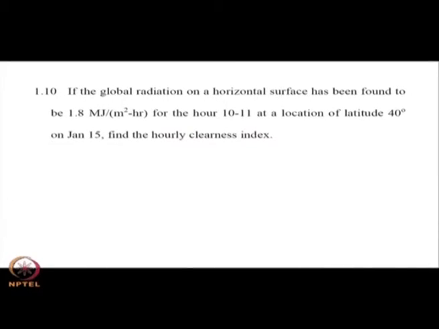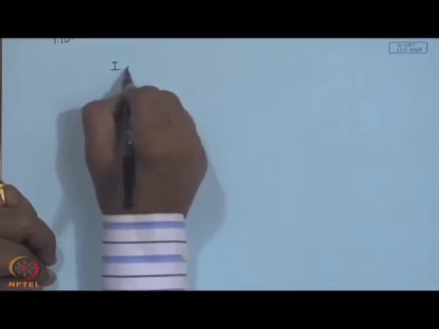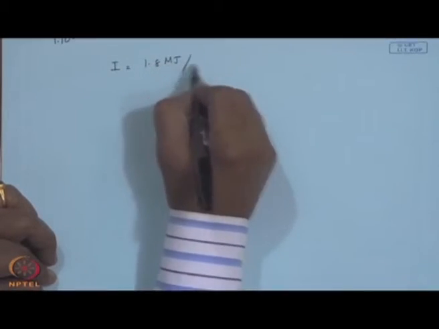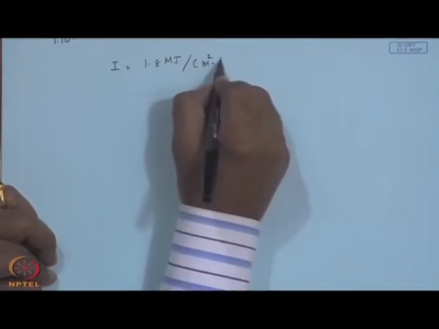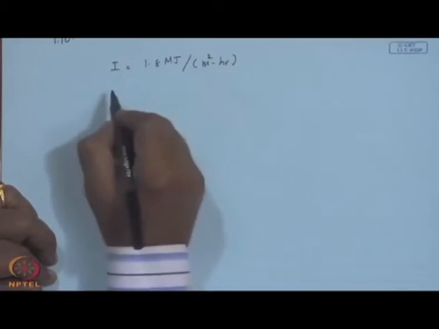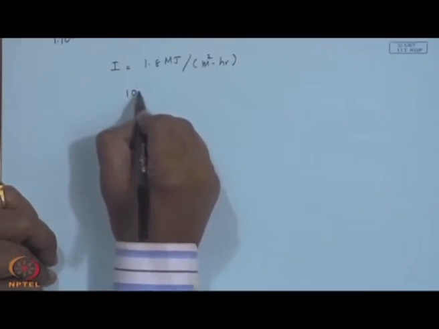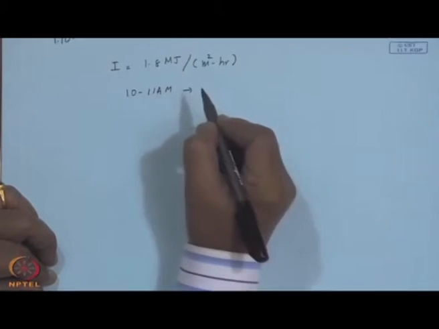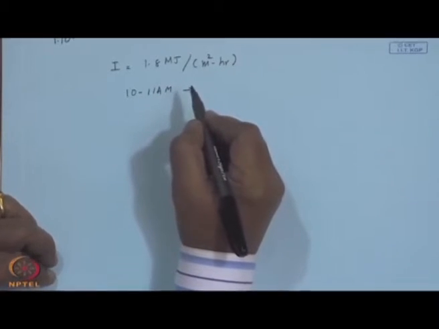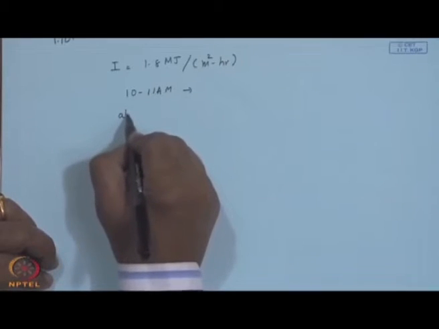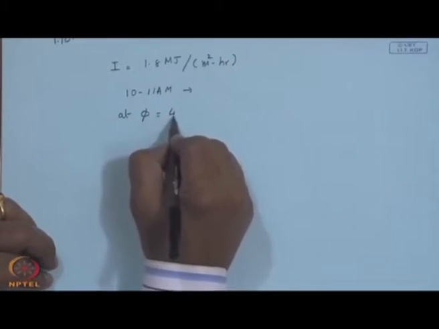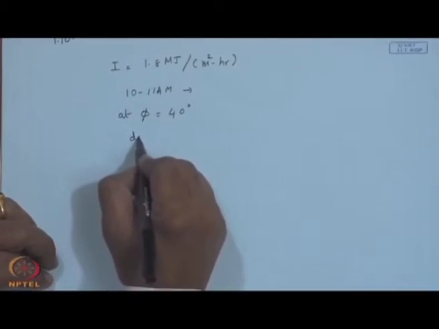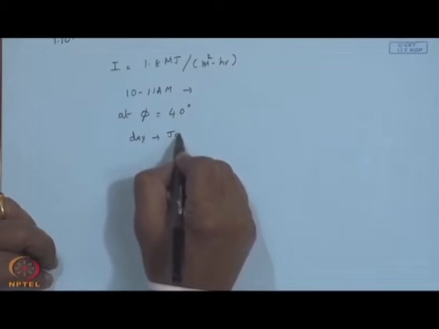So, as per our notation, we are given I equal to 1.8 megajoules per meter square hour. The day time is 10 to 11 a.m. These will come to hour angles at a location of latitude 40 degrees and day is January 15th.